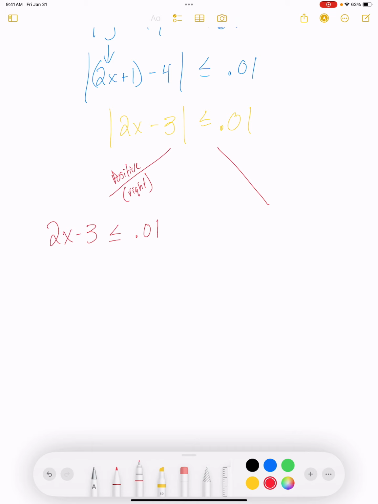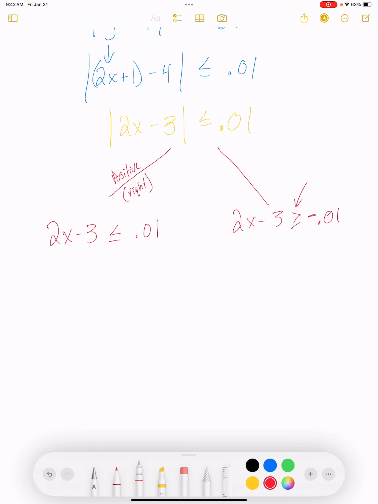But then you could also have 2x minus 3 is, now, like in a tolerance, that means something can be heavier. Like since we're talking about olive oil, it can be heavier than the targeted weight by 1/100th or less than that, right? Or it could be lighter, but it can't be any more. It has to be within that. So this, I'm going to say negative 0.01, and here it has to be greater than or equal to.